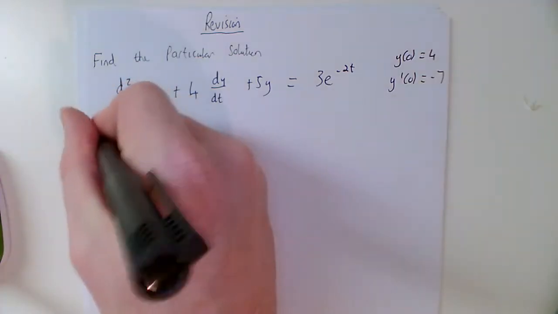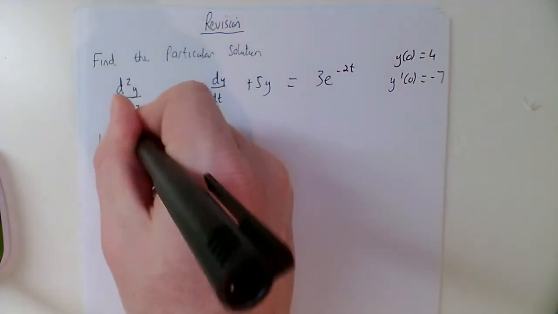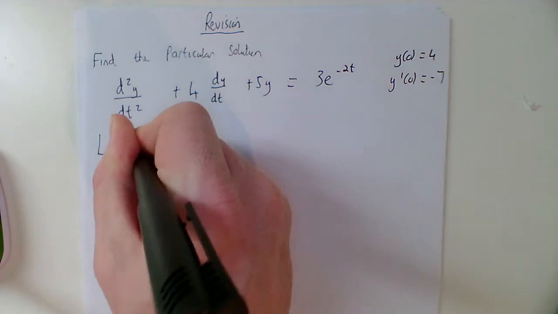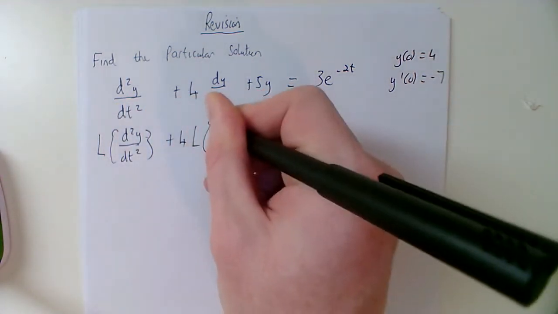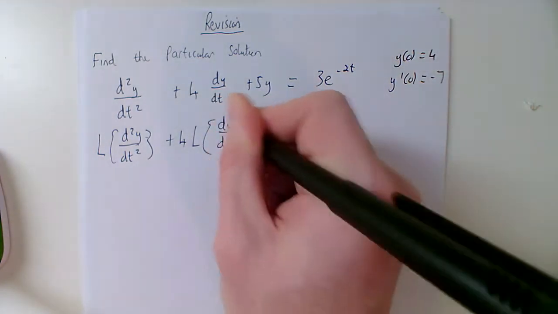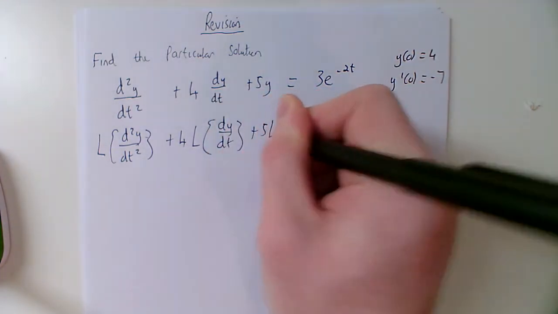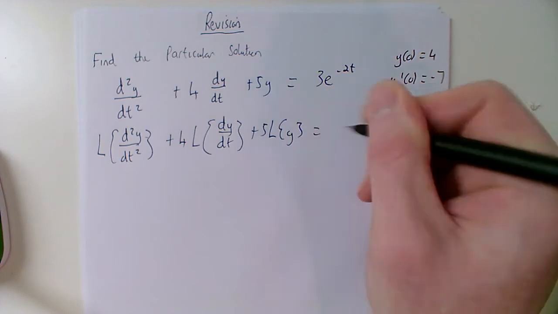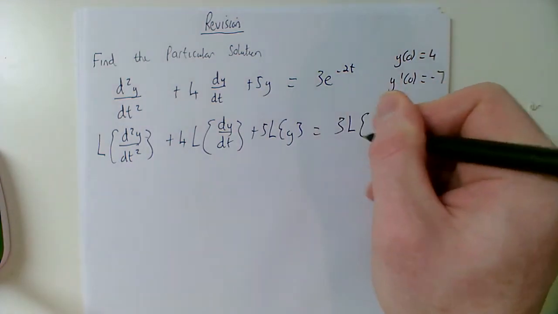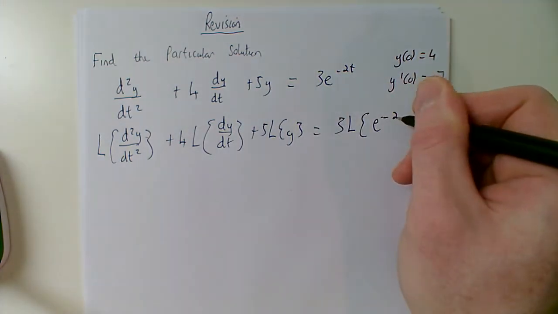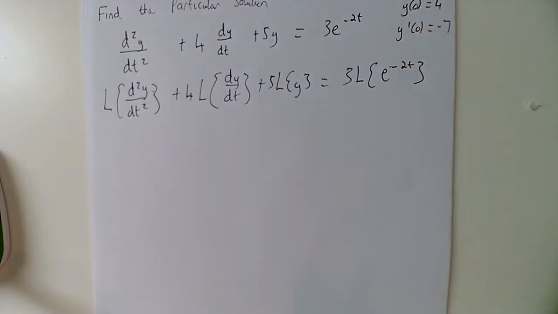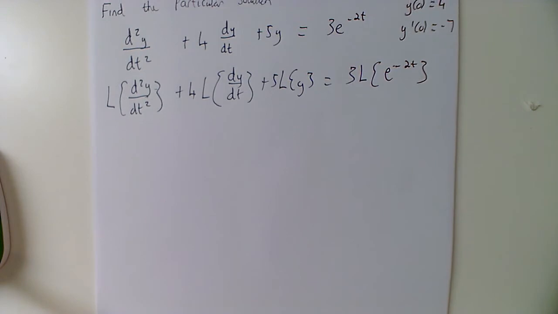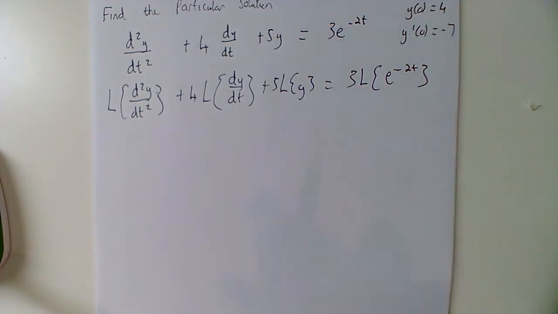So I want to do the Laplace transform of d squared y by dt squared plus 4 times the Laplace transform of dy by dt plus 5 times the Laplace transform of y equals 3 times the Laplace transform of e to the power of negative 2t. So remember we've got our initial conditions and all that kind of stuff, right?